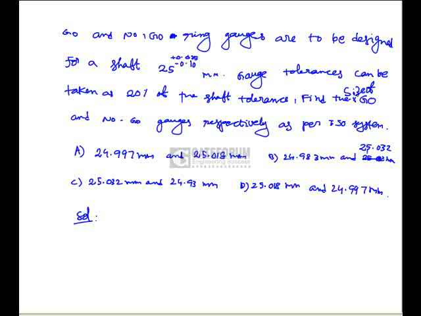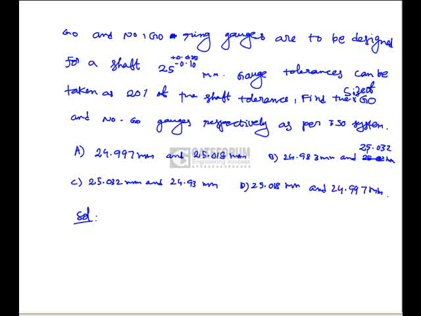Here go and no go ring gauges. Ring gauge is an instrument which is used to measure the size of the shafts. Go gauge is used to measure the maximum size of shaft and no go ring gauge is used to measure the minimum size of the shaft.